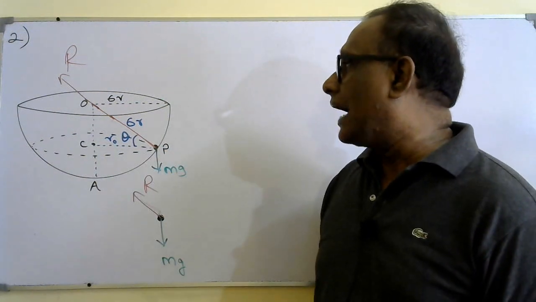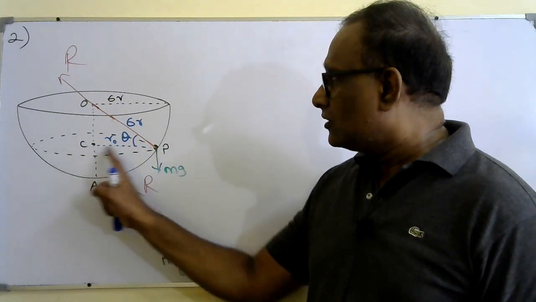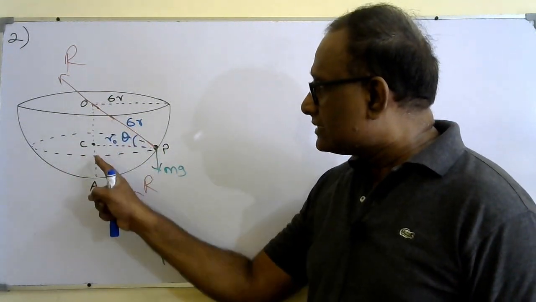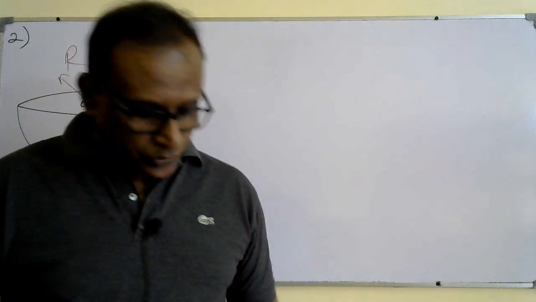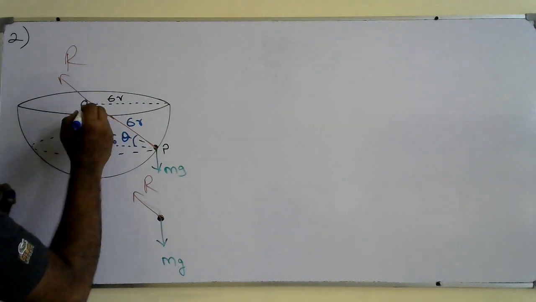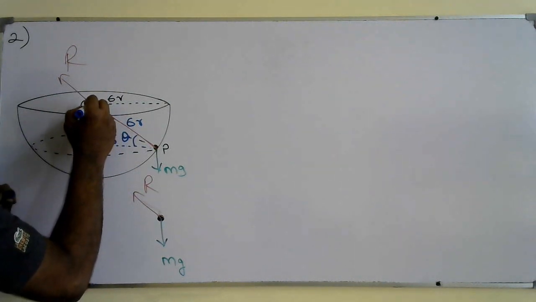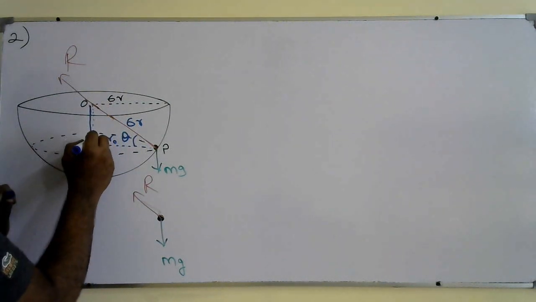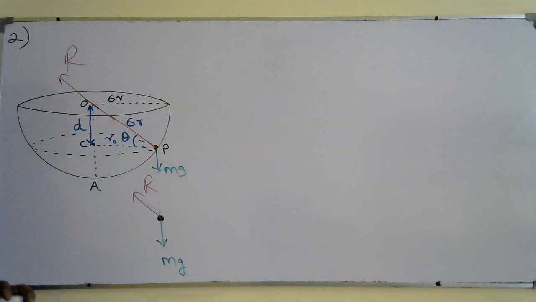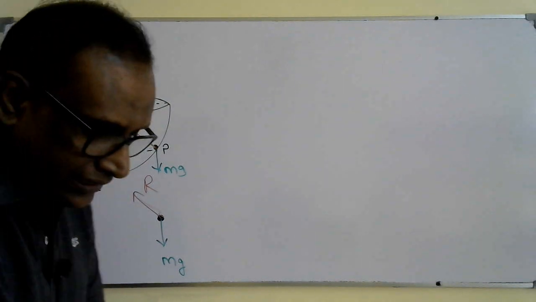The radius is R0. In this right angle triangle, the question is to find the distance OC. Let that distance from O to C be D. We need to find D.